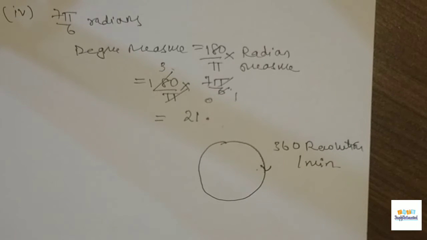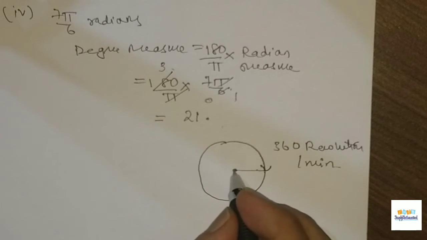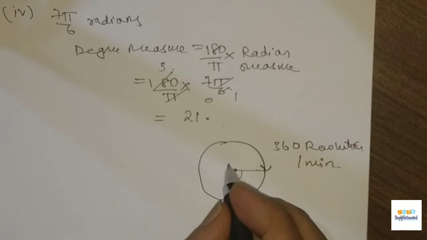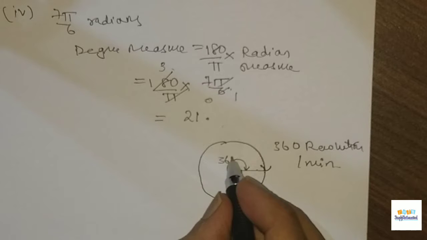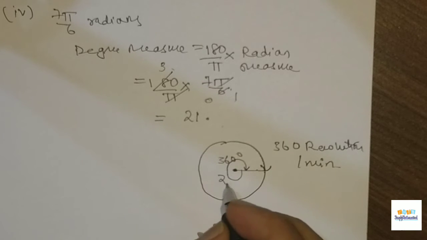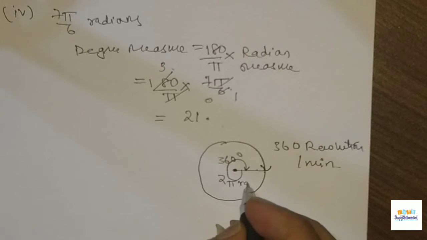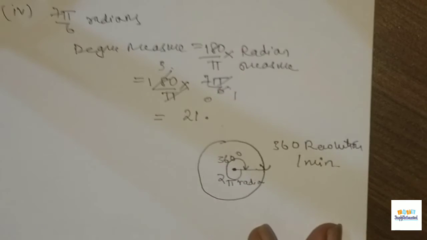Now we have to find through how many radians does it turn. Now you know that if this is the center of the wheel, then if it turns one revolution, that means how many degrees is it? 360 degrees, or 2 pi radian, right? One complete revolution is 2 pi radian.